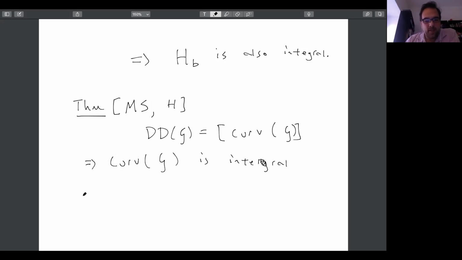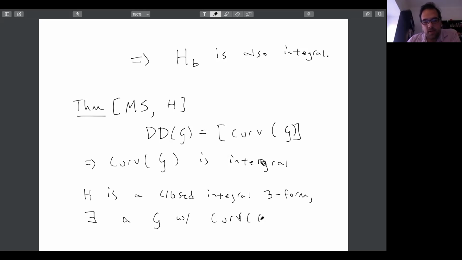And conversely, if H is a closed integral 3-form, there exists a gerbe with curvature H.